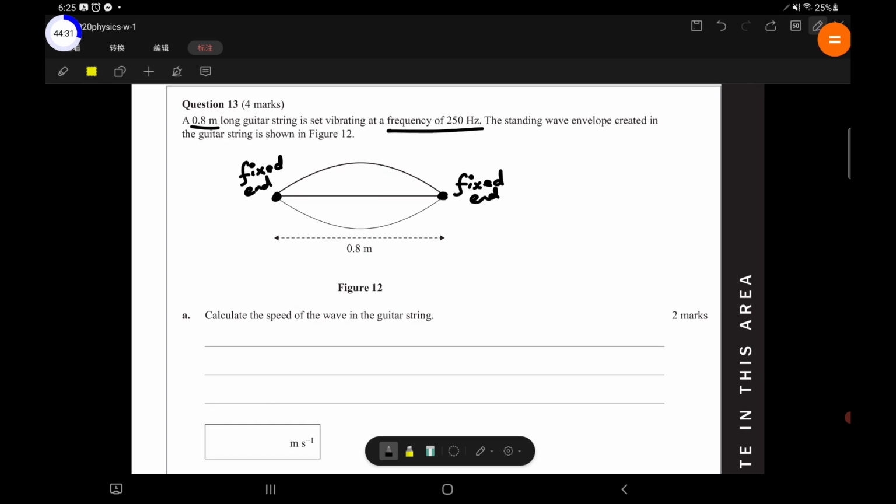We have to calculate the speed of the wave in the guitar string. So we know the length of the medium, that's fixed. That's one known value. And we also know the frequency that is associated with this particular harmonic, which is the fundamental frequency.